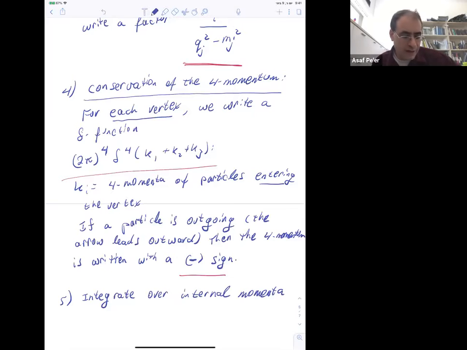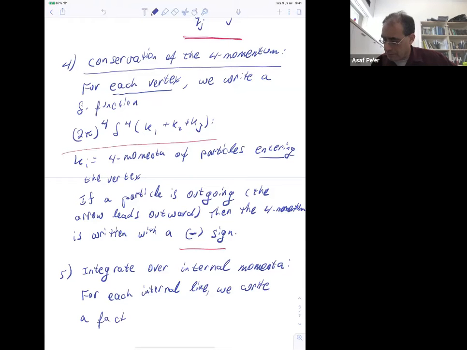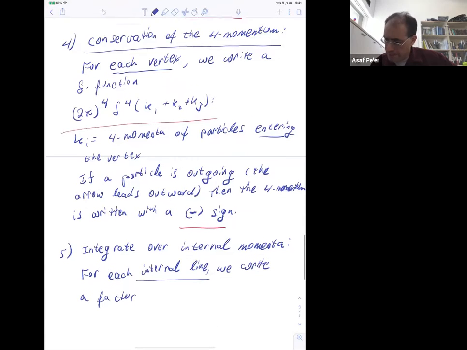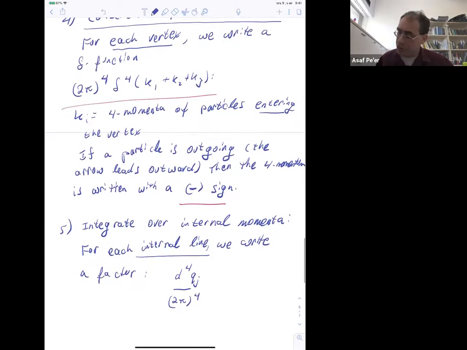So for each internal line, we write down a factor of d4Qj divided by 2 pi to the 4, with the right normalization. Again, the 2 pi's are a convention, just easier to remember like that. And then, of course, we integrate over all internal momenta.